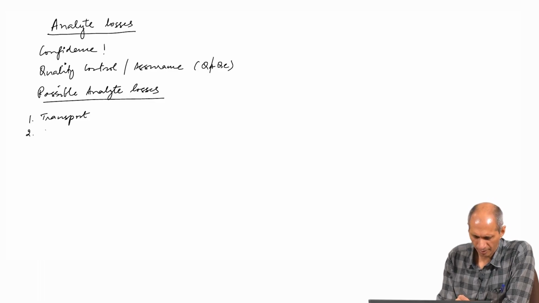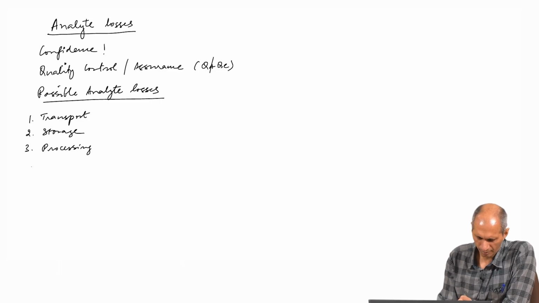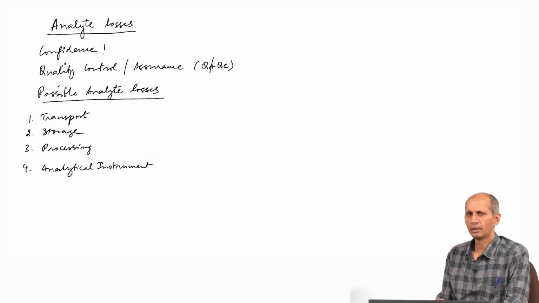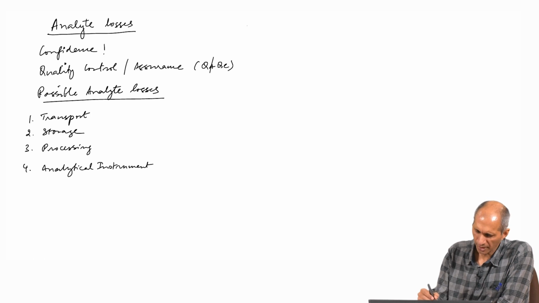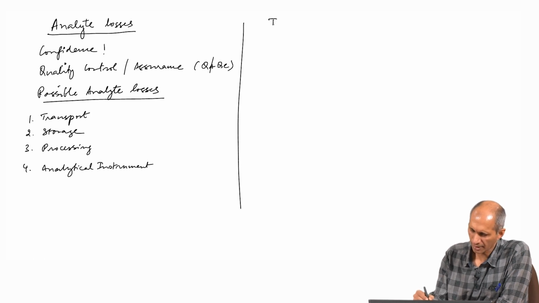Second, in the storage, then in processing, and the fourth in the analytical instrument itself, the chemical analysis instrument part of it. So we first take it one by one. We look at transport.